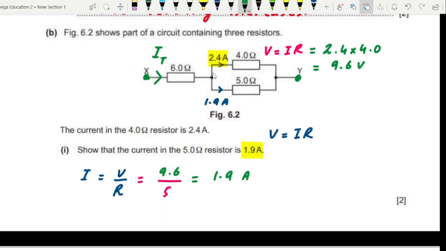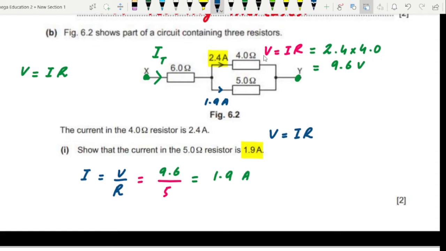That's it. You need 2 things once again, because the formula for the potential difference is V equals IR.